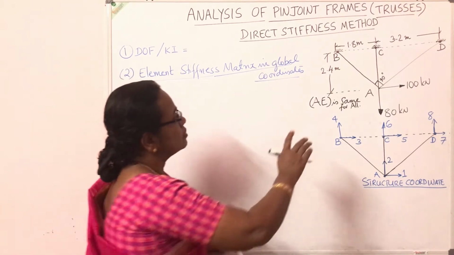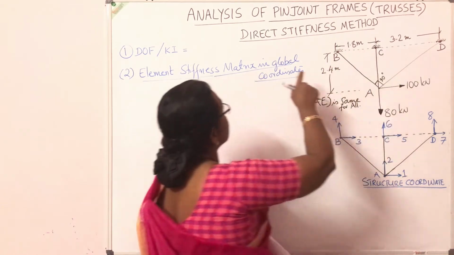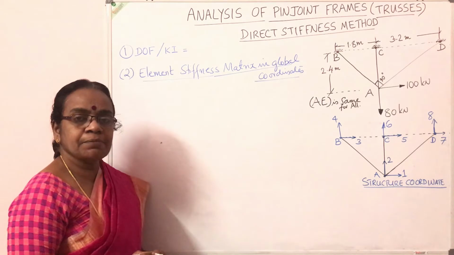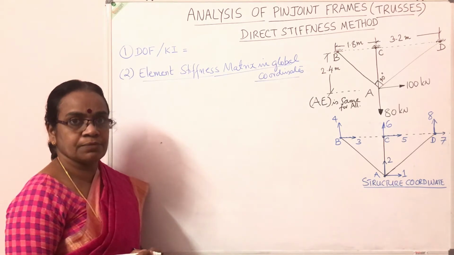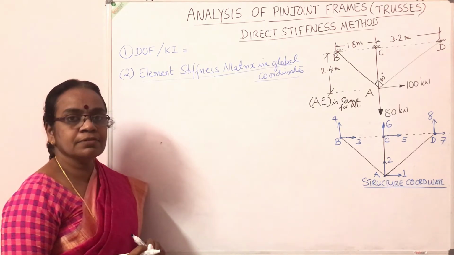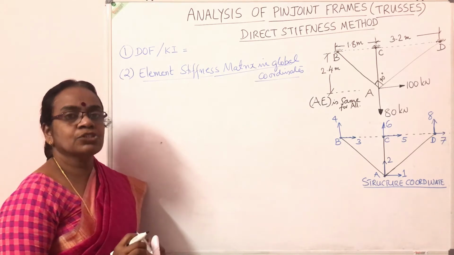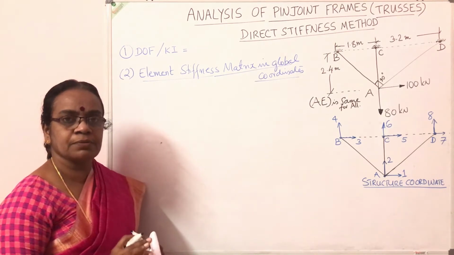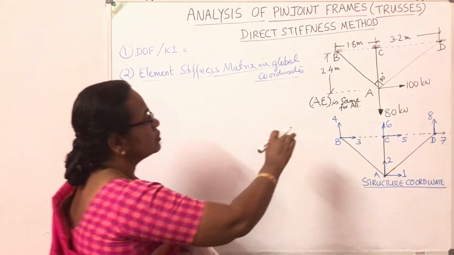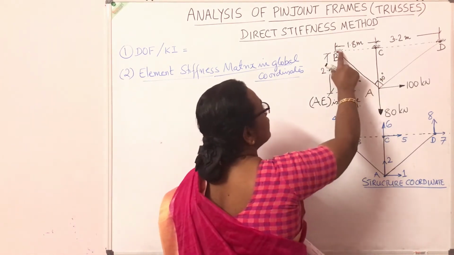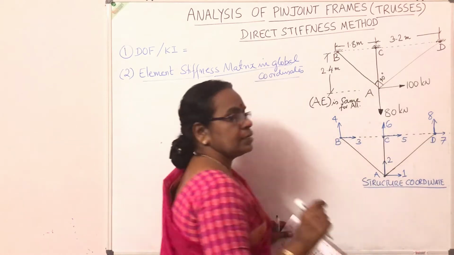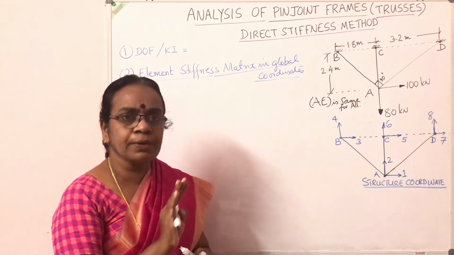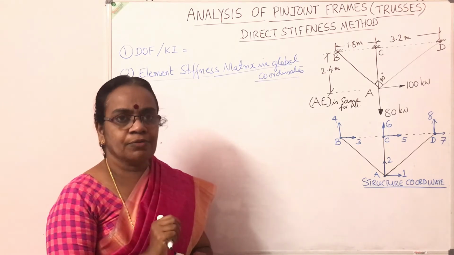To start with, the first step in the stiffness method is always to identify the degree of freedom or kinematic indeterminacy of the structure. Kinematic indeterminacy is the number of independent joint displacements possible in the structure. Here joints B, C and D are pin joints or hinge supports, so there will not be any horizontal or vertical displacement.